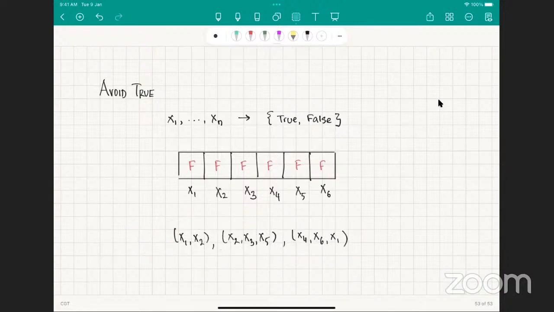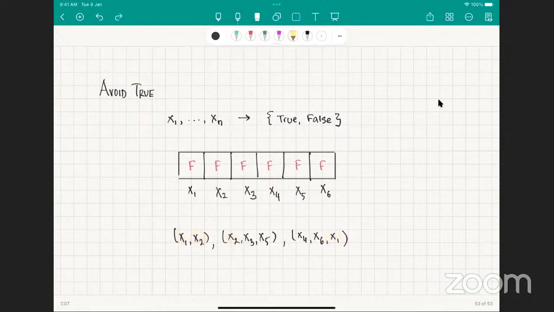For those who are in the know, this is essentially a monotone CNF formula, but you don't have to worry about that if you're hearing that for the first time. Think of it as a collection of subsets of these variables. These subsets don't necessarily have to be disjoint. They can be overlapping as they are in this example. So for instance, x2 is common to these sets, x1 is common to these sets, and I think that's all the overlaps we have here.